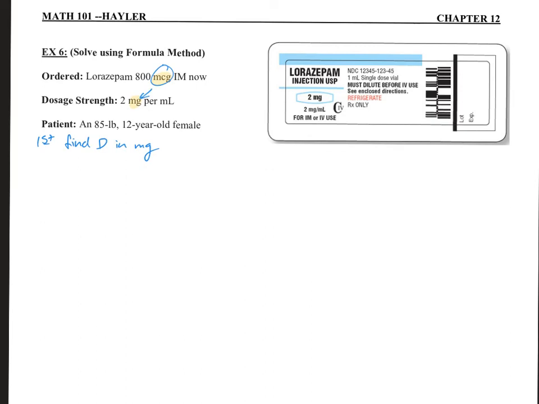To do that, we can set up a proportion. Recall what we already used: 1 milligram is equal to 1,000 micrograms. We set that equal to what we're trying to convert, so we have 800 micrograms and D, the dosage we're trying to find.